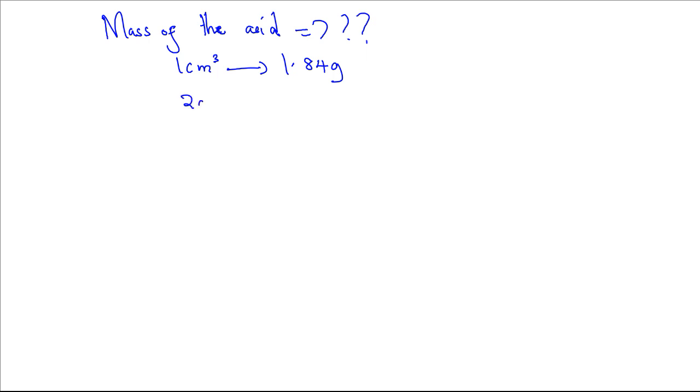So 2 cubic centimeters, that is to be dissolved, has 2 times 1.84, giving 3.68 grams.